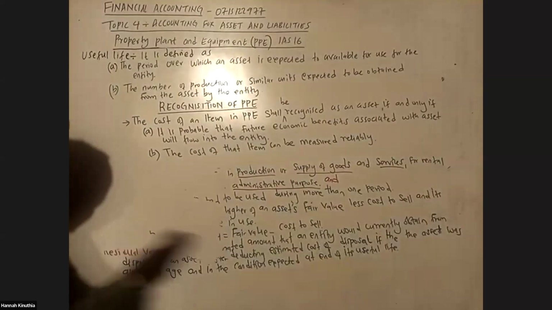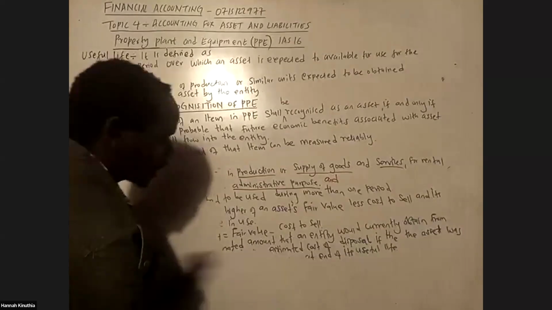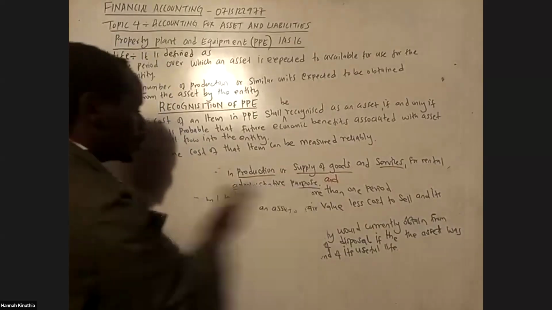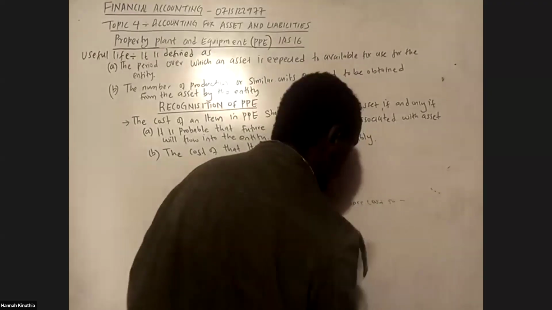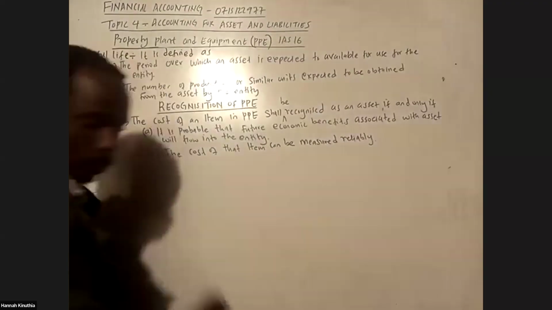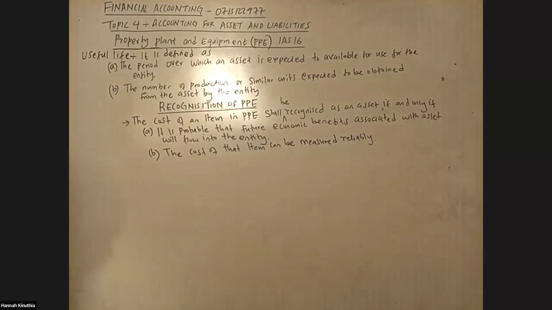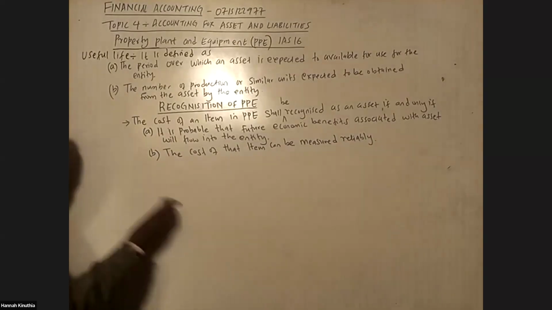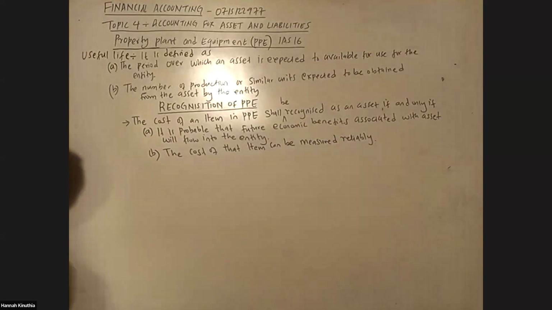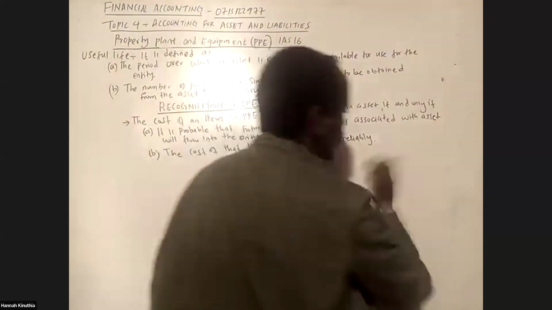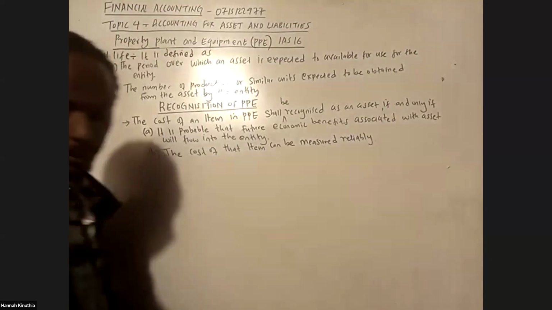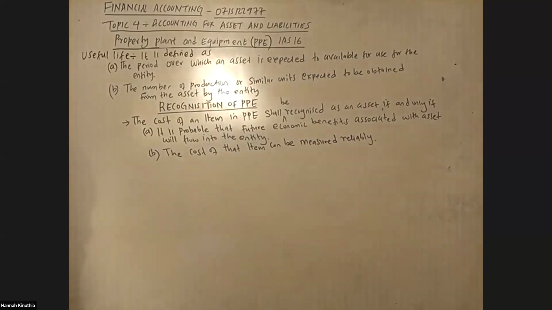Now, if you cannot measure the cost of that asset, then that asset cannot be recognized in the financial statement. So it is possible to measure the cost of that asset. If that asset cannot be measured reliably, then we shall not recognize it in our financial statement. It can only be recognized if the cost of that asset can be measured reliably.